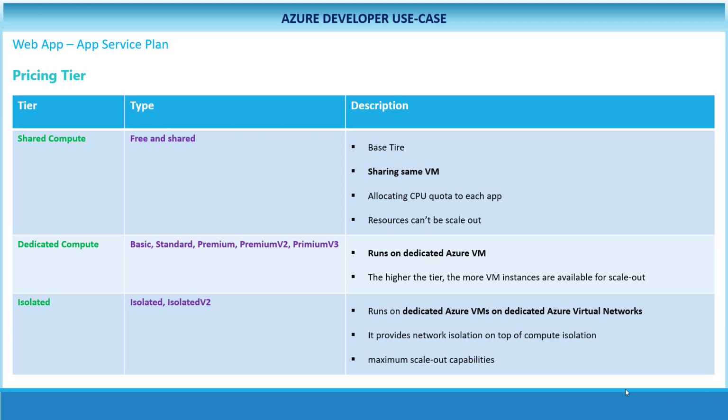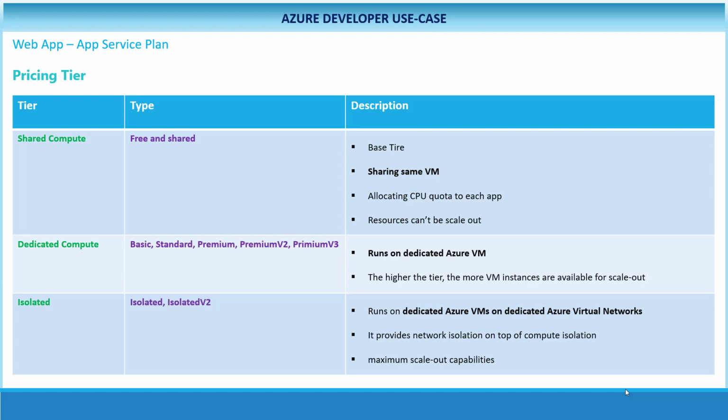Let's see what's there in pricing tier. So we have three tiers basically: shared, dedicated, and isolated. Shared means it's free and shared. That means we can have more app services or web apps hosted on the same app service plan.